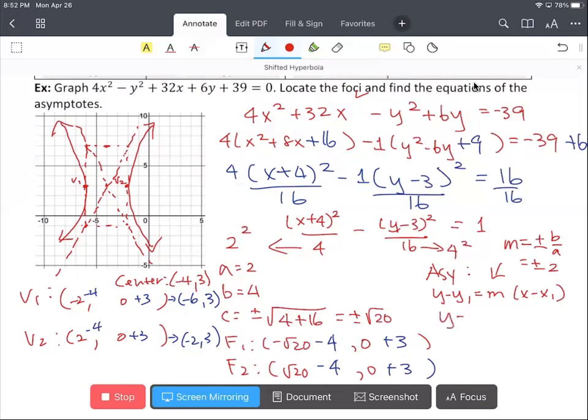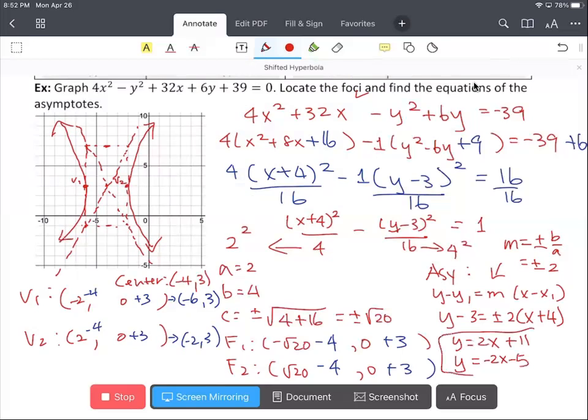So y minus our y1, which is 3, equals m, which is plus or minus 2, times x minus x1, which will be negative 4. So this gives us plus 4. Once we distribute, we get y equals 2x plus 11 and y equals negative 2x minus 5.